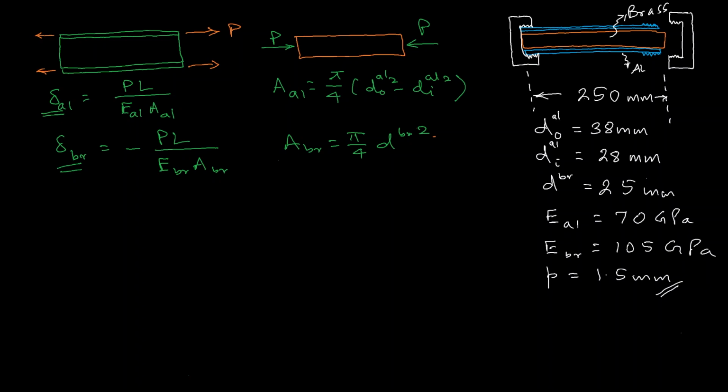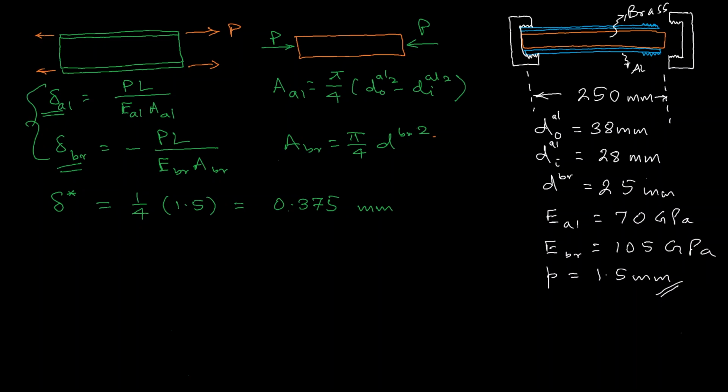Suppose the movement because of the rotation is delta star, which is 1/4 of the 1.5 millimeter, so that will be 0.375 millimeter. The idea is that the summation of the absolute values of these two is equal to this.